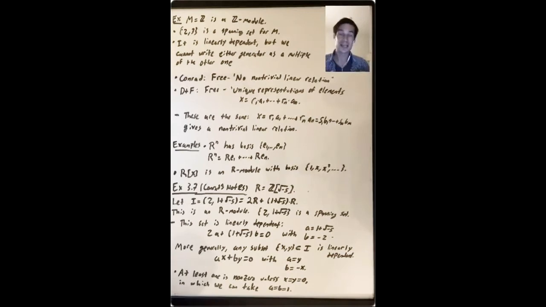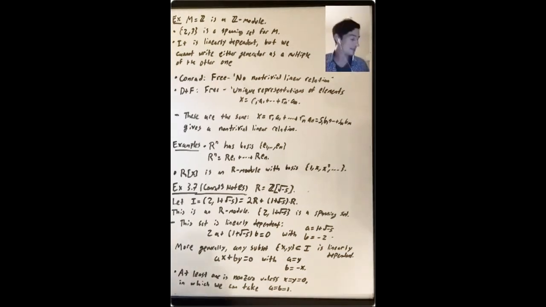So what we are seeing is this R-module, I, doesn't have any basis of size 2 because it doesn't have any linearly independent set of size 2. Okay, so it's a little exercise that you really should do, that if you have a linearly dependent set, and then you take a set containing it, it's still linearly dependent.